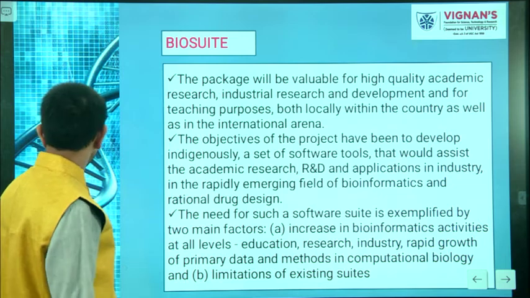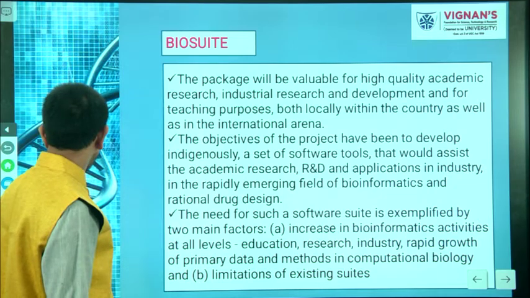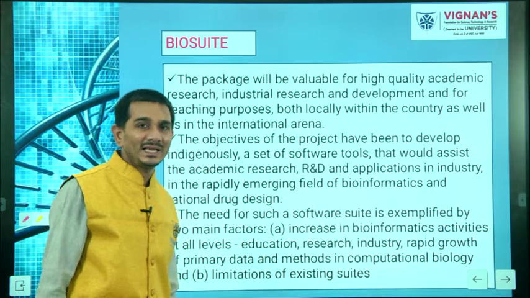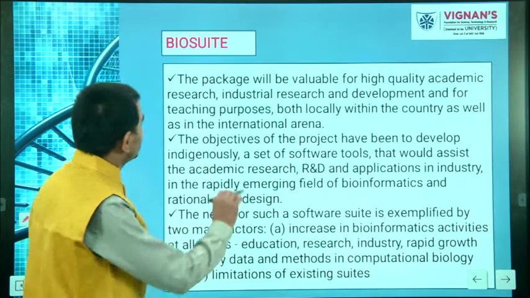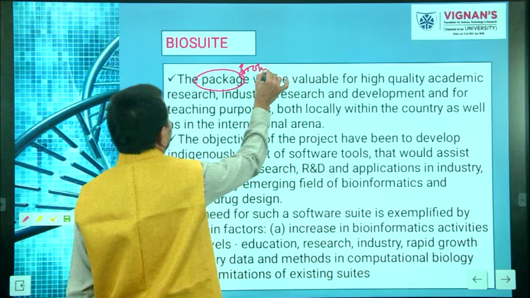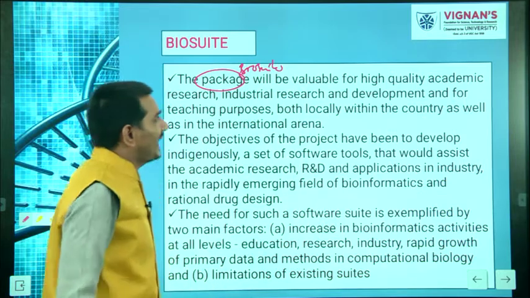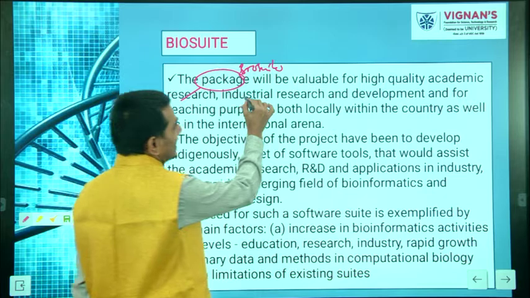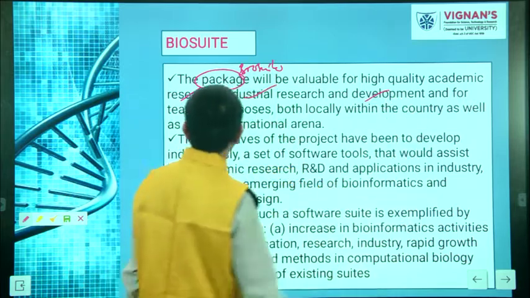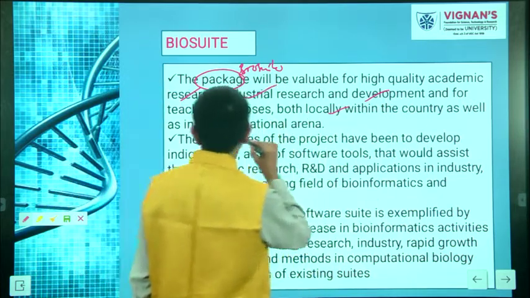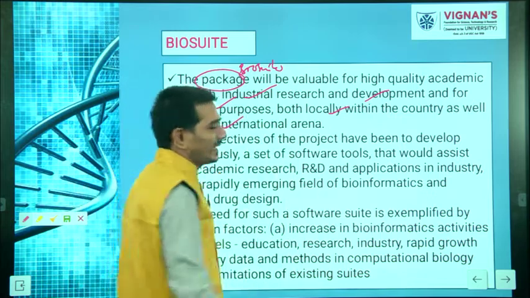So this Biosuite is a software package developed by the collaboration between the industry and academia. It will be valuable for high quality academic research, industrial research and development, and for teaching purposes, both locally within the country as well as in the international arena.